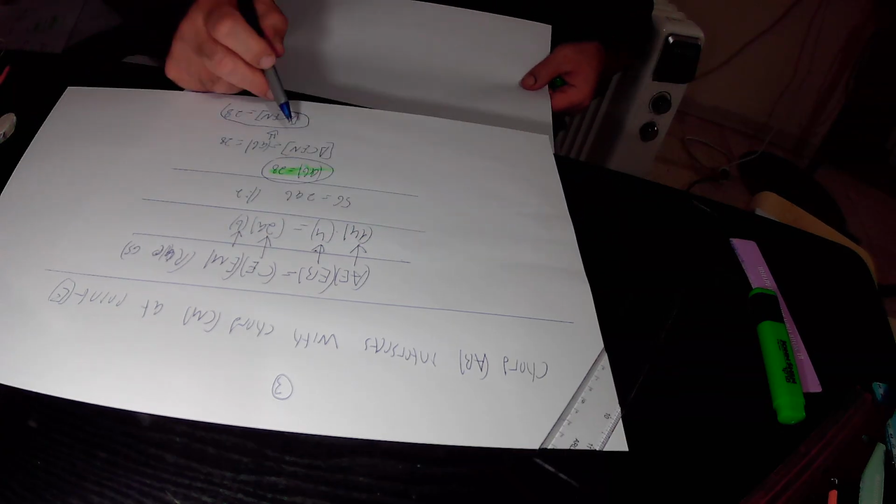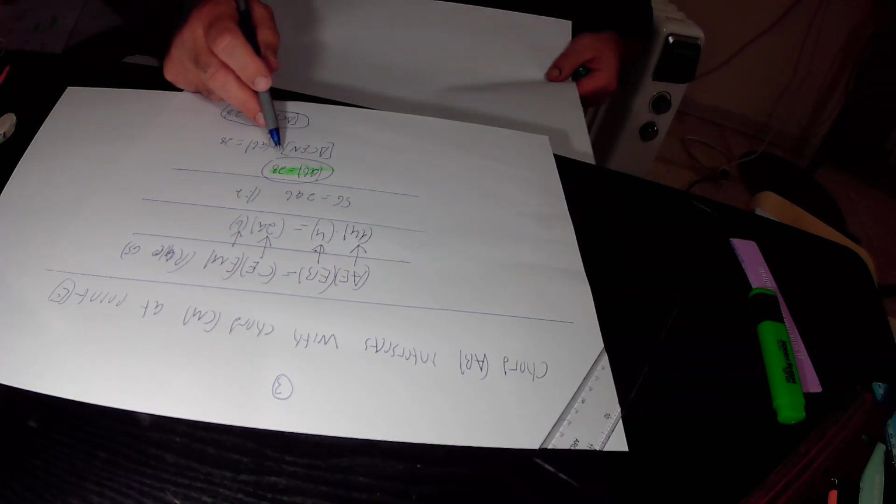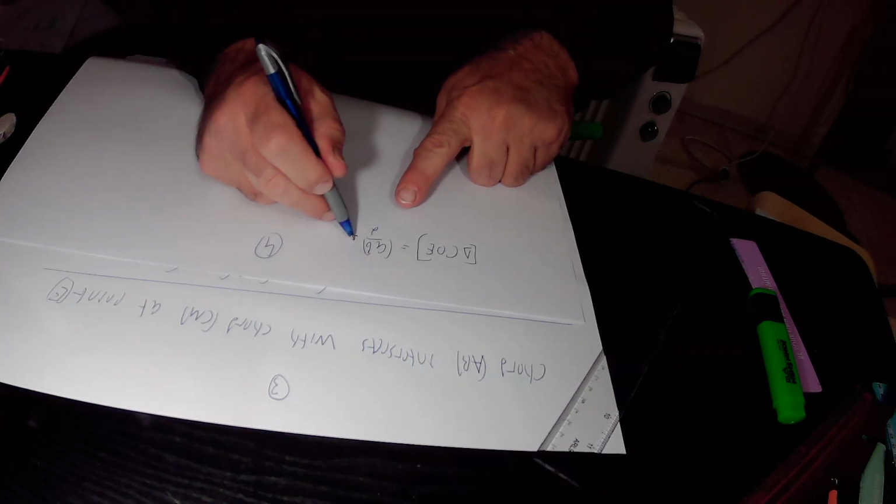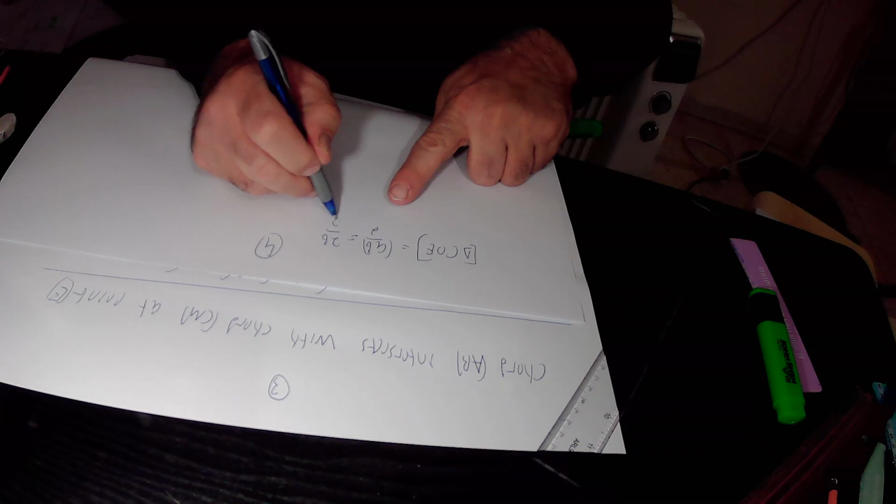We just found out that AB equals 28, so we substitute AB here by 28 over 2. 28 over 2 is 14.